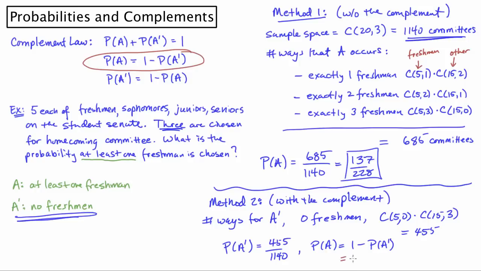In this case, the probability of A complement is 455 out of 1140, and if you subtract those two, you get 685 out of 1140, which is the exact same thing we got here, and so it also reduces to 137 out of 228. Either way you do the problem, you're going to come up with the same answer, although I think, as you can see, the work is much more streamlined and in some ways a lot easier using the complement to your advantage.